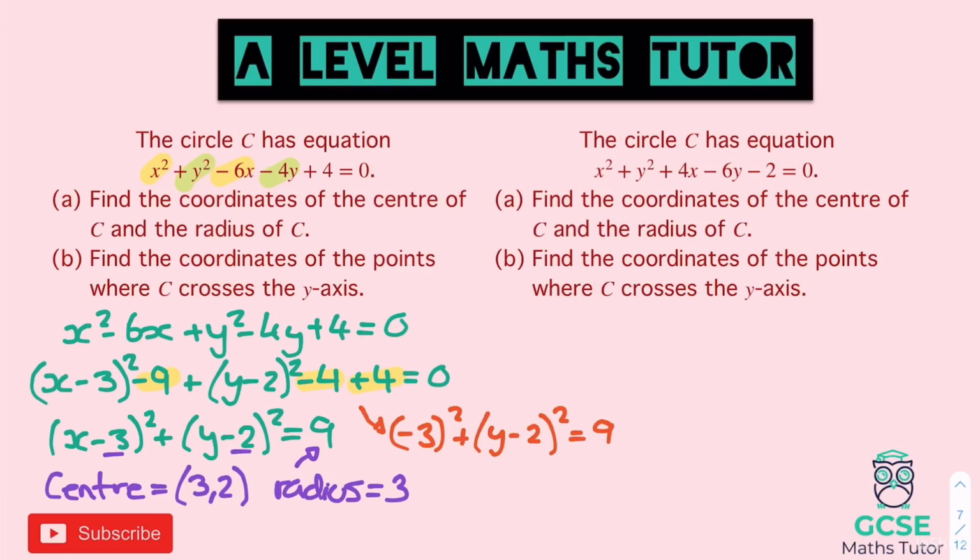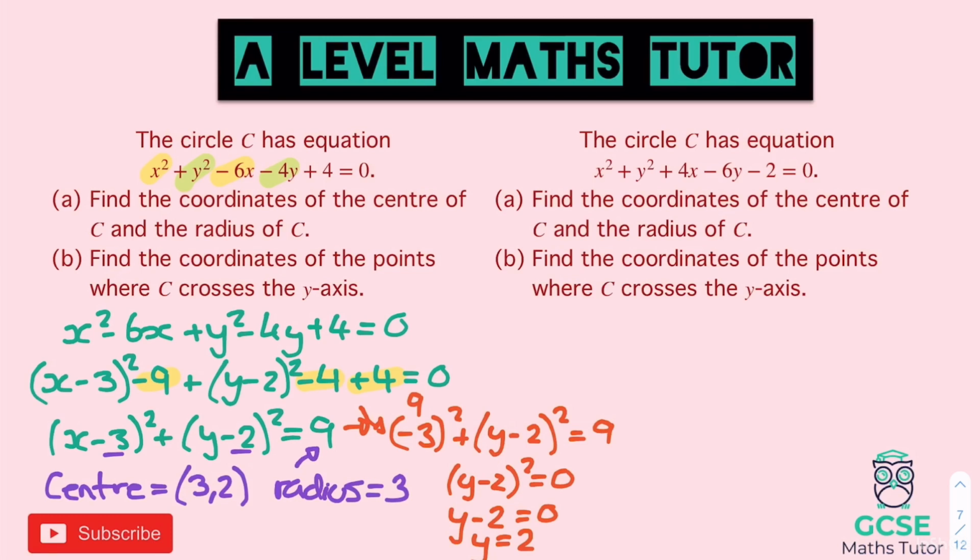Minus 3 squared is 9. So if we take that away from both sides, this is a bit strange, let's see what we get. We get y minus 2 in brackets squared equals 0. Square root both sides, we get y minus 2 still equals 0. And add 2 over, we get y equals 2.